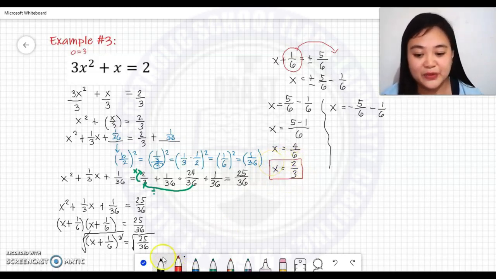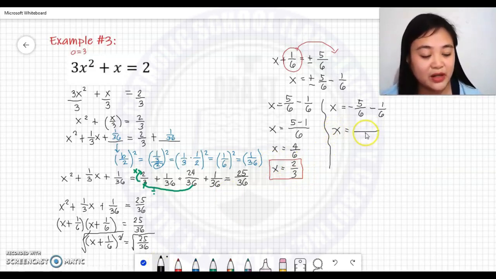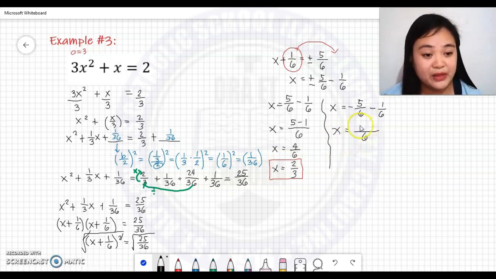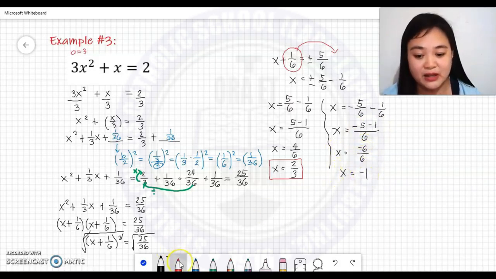Okay, now let's move on to the second value of x. Okay, x equals, copy the denominator 6, negative 5 minus 1, that will become negative 6 over 6, and the answer is negative 1. Thus, this is the second value of x.